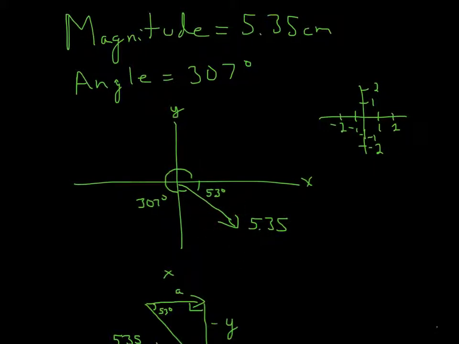So we want to find the x and y component. If it's 307 degrees, we can't really make a triangle out of that to use trig. So what we do is we make a triangle with a right angle. We can do that because this one's at 307 degrees, so this tiny angle here will actually give us a triangle.